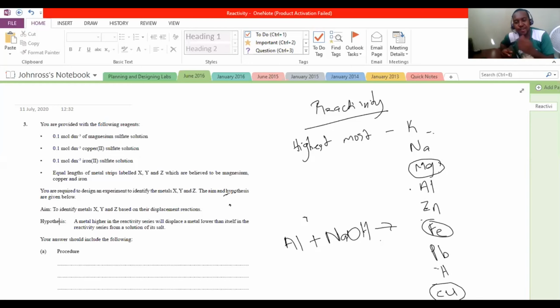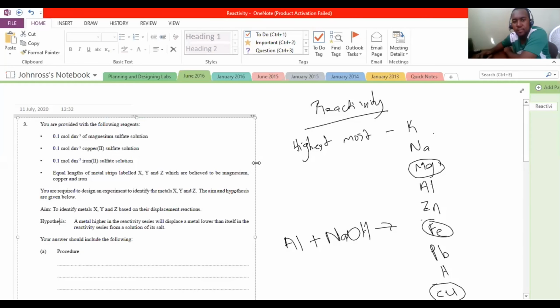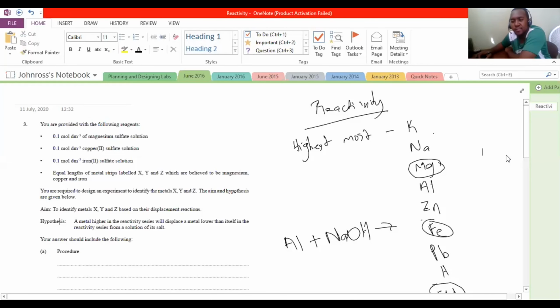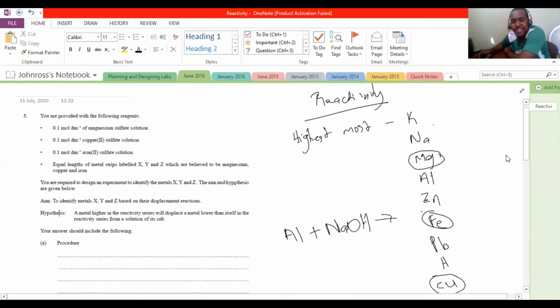Now let's put that in sentence form to say why we arrange these metals in this order. Going from the top to the bottom of the series, the highest ones are able to displace the ones below them. Great.